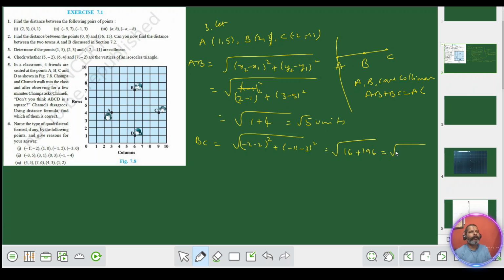So just add that. 196 and 16 becomes 212 units.